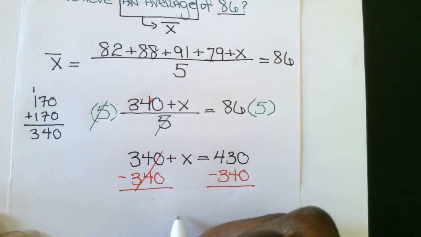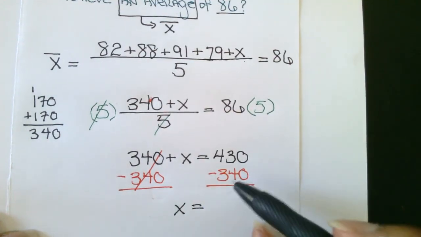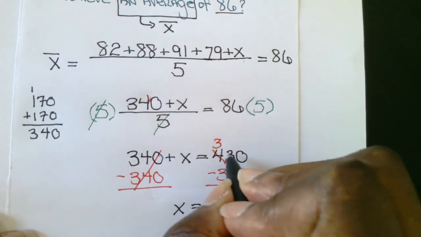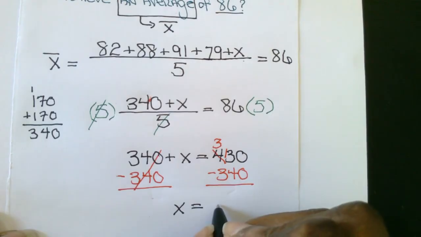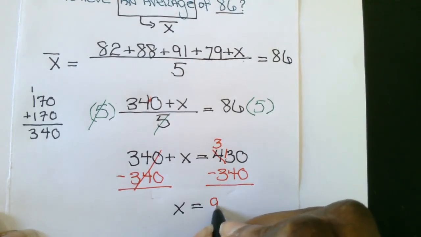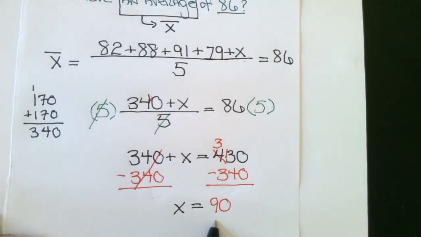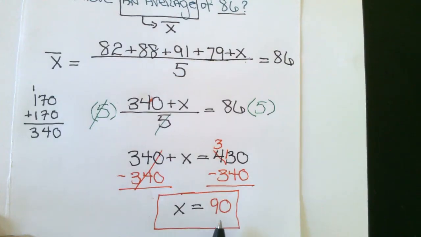So we have our x equals, so if we borrow from the 4, that makes it a 3, then we make that 4 into a 13, so that should give us 90. So what did that person need for the next test? A 90. Now for all my current students, this is exactly what you can do when you're trying to find your average.